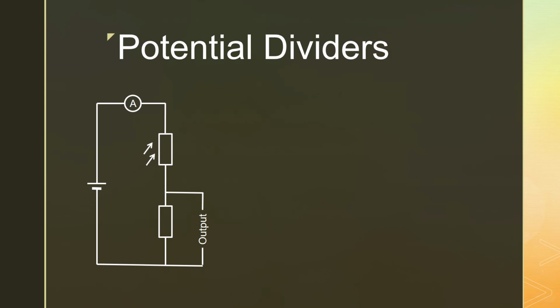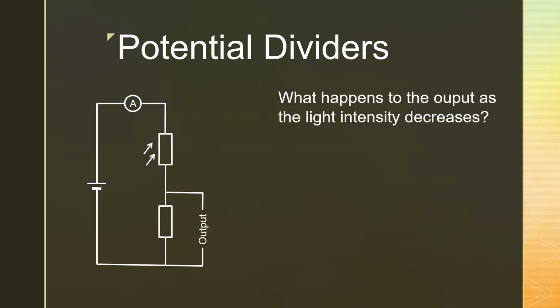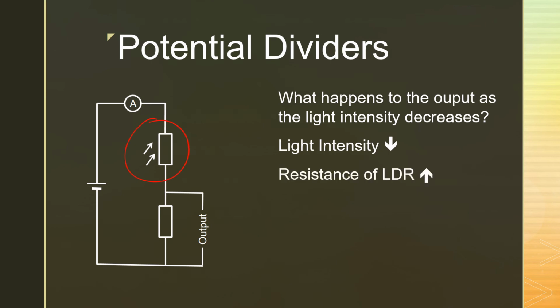So again, let's start from scratch, go through it, and hopefully we'll understand why it's made that difference. What happens to the output as the light intensity decreases? We'll start with the light intensity going down. If the light intensity has gone down, the resistance of this LDR is going to go up.